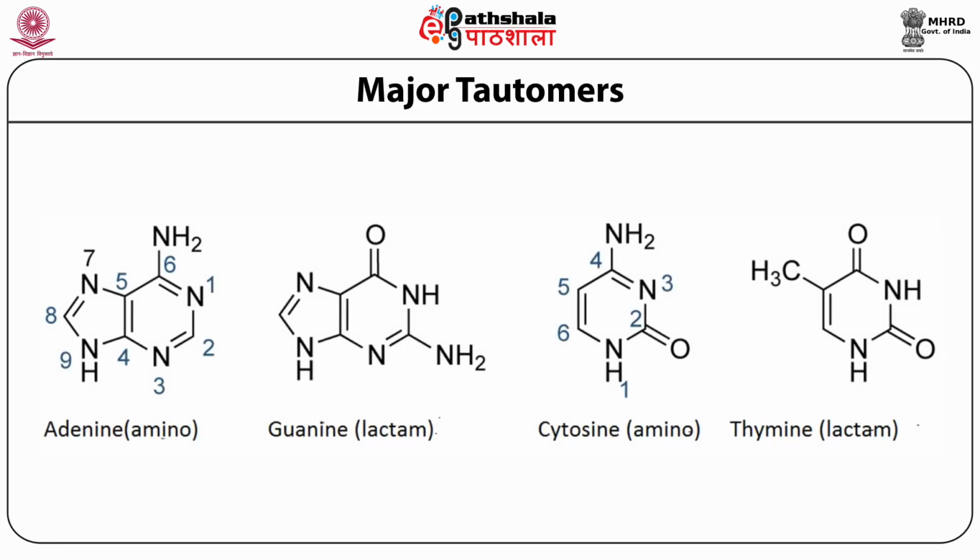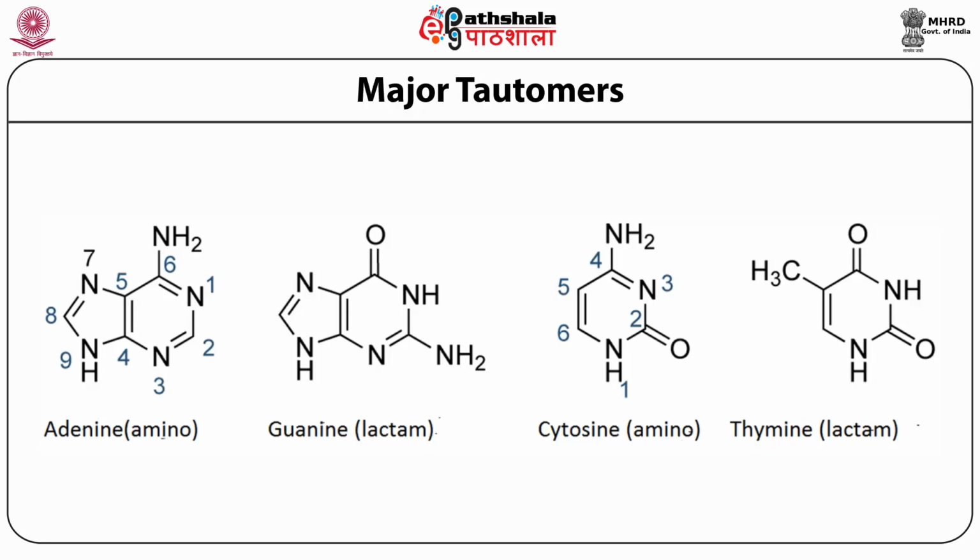Nucleobases have different tautomers. We show in this picture first the nomenclature for purines and pyrimidines. Purines like adenine and guanine are fused 5-6 aromatic rings.